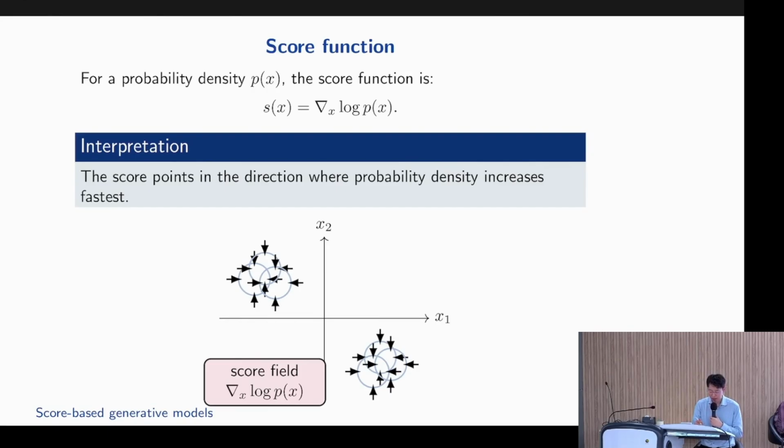So, for example, this picture illustrates the score function in 2D space. So wherever you are, the score evaluated at your current x will point you to the steepest direction where the probability increases.